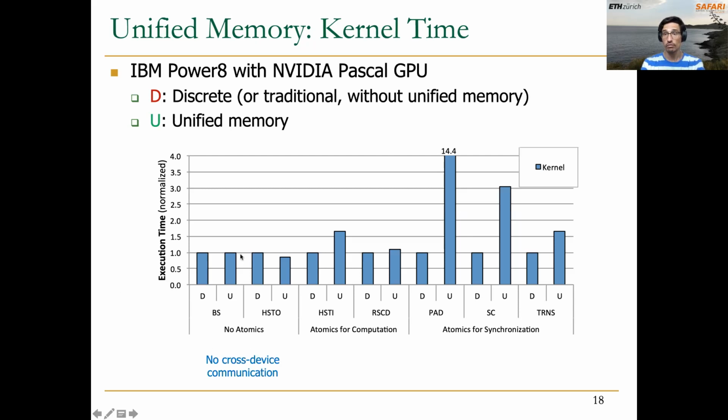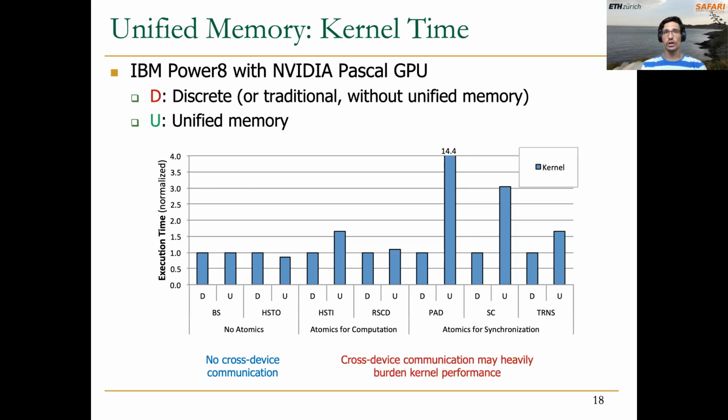As you see, for some of these workloads there is essentially no difference in kernel execution time when we compare the discrete and the unified version, because for these particular workloads there is no cross-device communication. Once we have accessed data for the first time and moved the necessary data to the GPU memory, there is no further interaction between the CPU and the GPU until the end of the kernel.